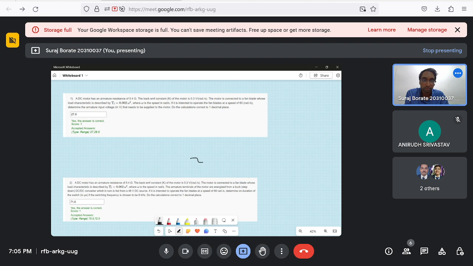And we have been given TL equal to 0.02 into omega square, so that is 60 square. What is the value of TL? Is it 7.2 Newton meter? Yes, 7.2 Newton meter. If we want to find from T, we know TL, we know K, so we can find the current, right?